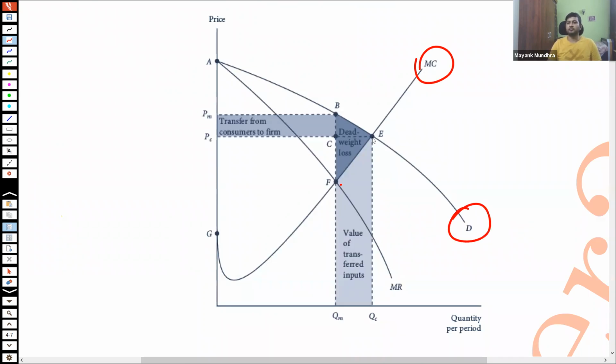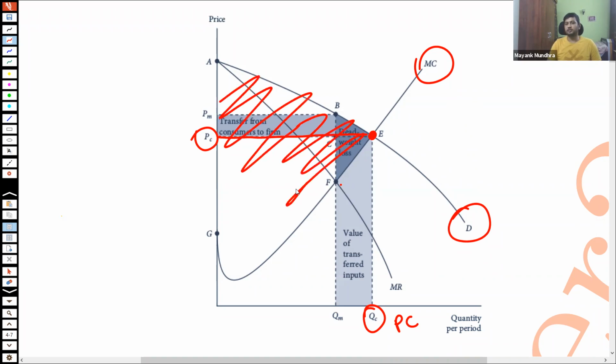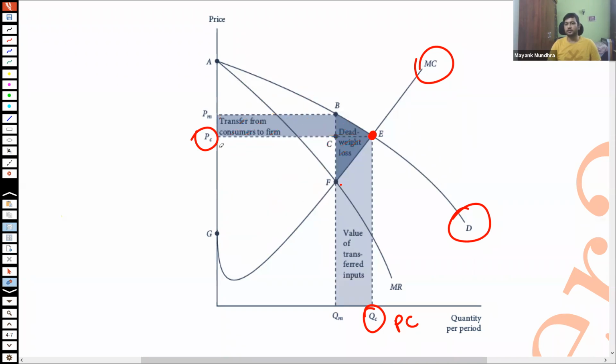Now, had this been a perfect competition, it solves at the intersection of marginal cost and the demand curves. Right, so this would have been the quantity produced in perfect competition. This would have been the price in perfect competition, and the total surplus in perfect competition would have been this much.